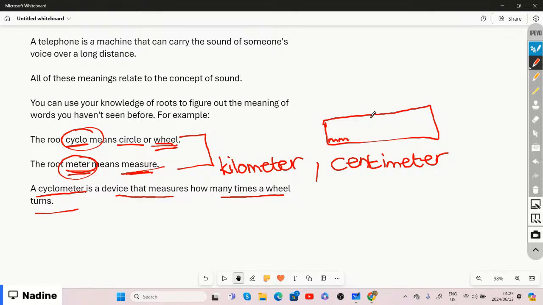Whereas a centimeter we can use to measure maybe a desk or a book. A meter is a bit longer, which is 100 centimeters, and we can then use maybe a meter stick to measure the room, right? But it is to do with measurements.